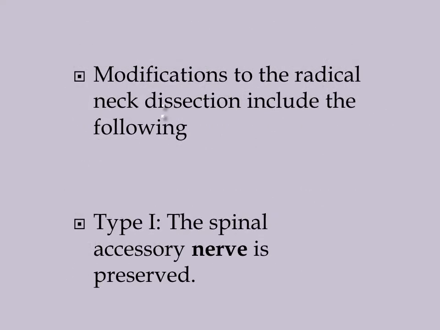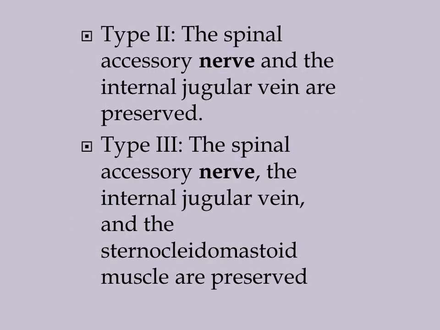Modifications to the radical neck dissection include the following. Type 1, the spinal accessory nerve is preserved. Type 2, the spinal accessory nerve and the internal jugular vein are preserved. Type 3, the spinal accessory nerve, the internal jugular vein, and the sternocleidomastoid are preserved.